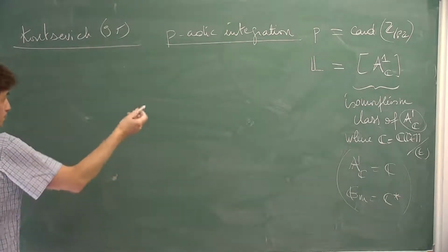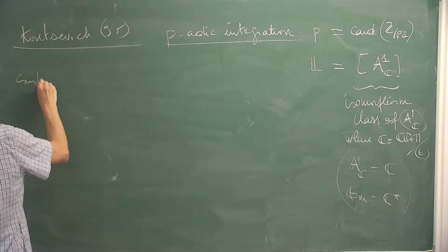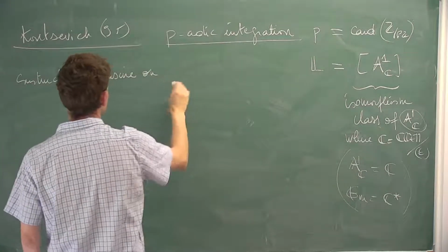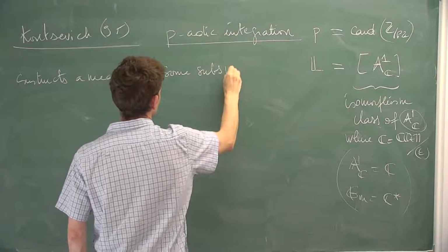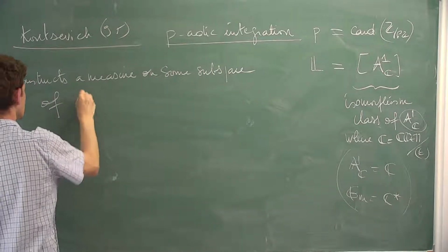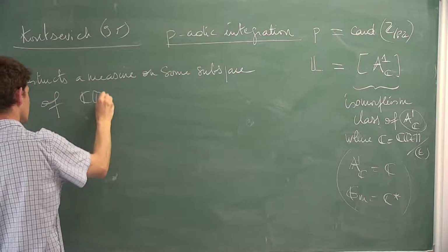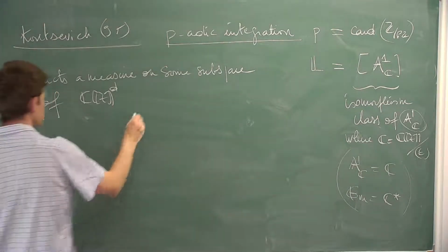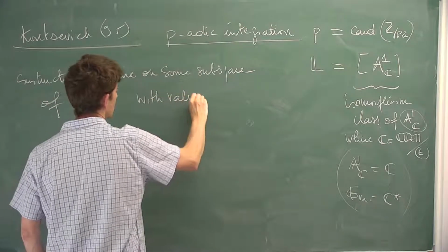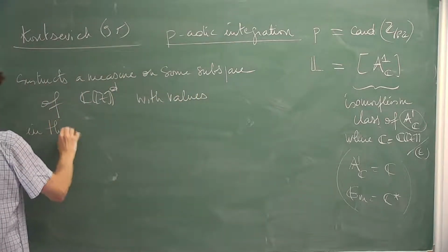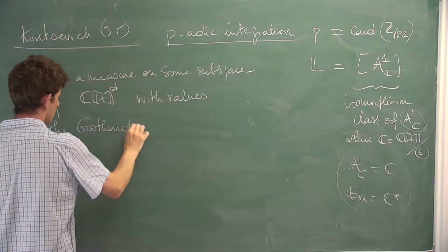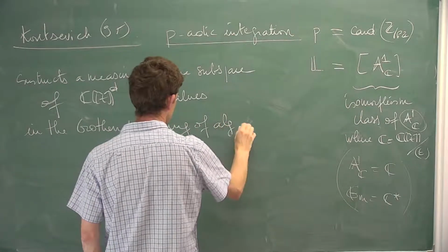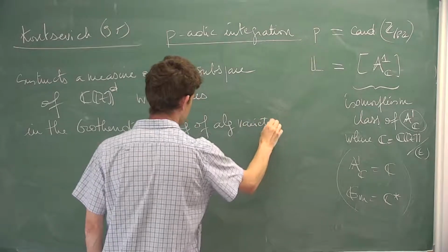And so Kontsevich constructs a measure on some subspace of C[[t]]^d with values in the Grothendieck ring of algebraic varieties.